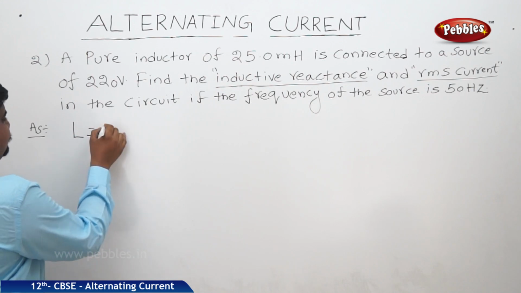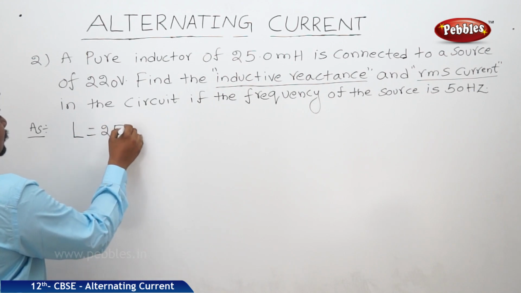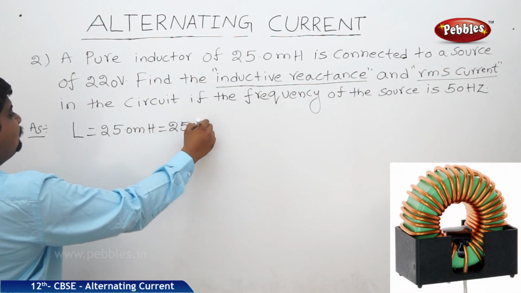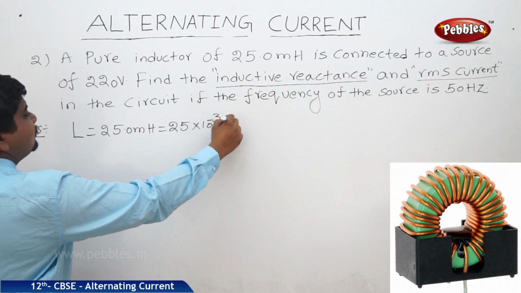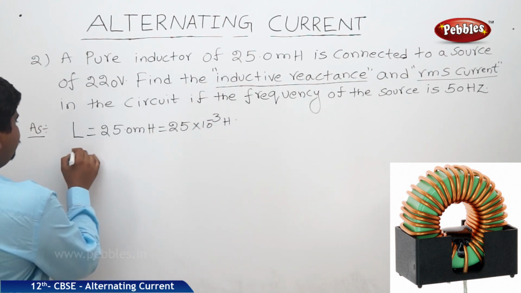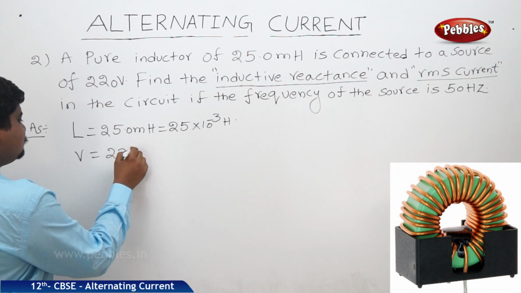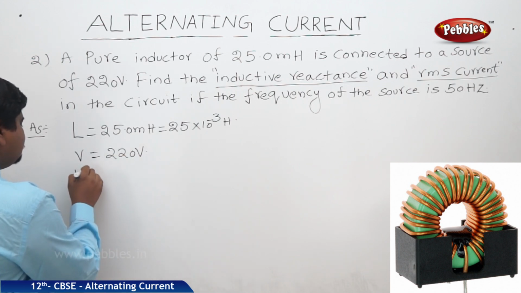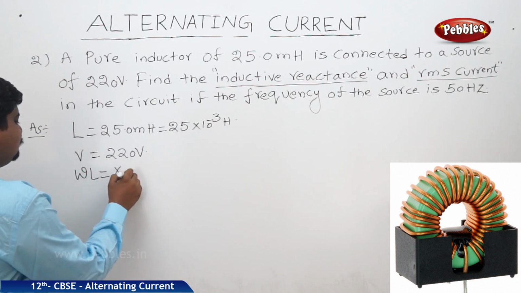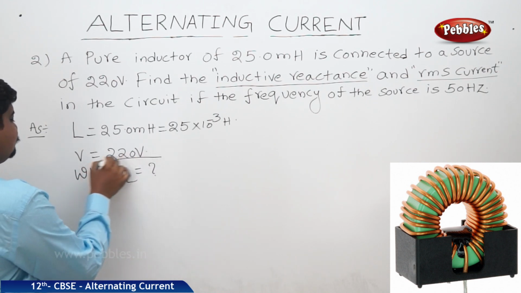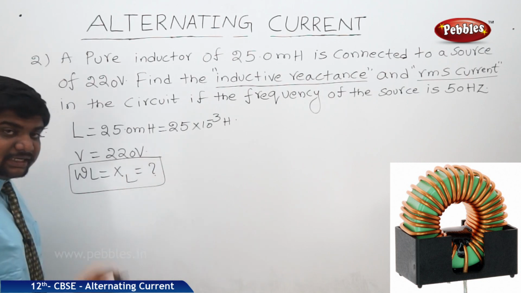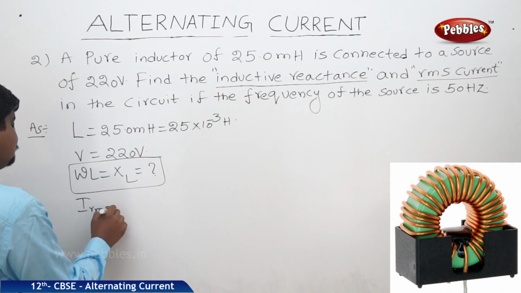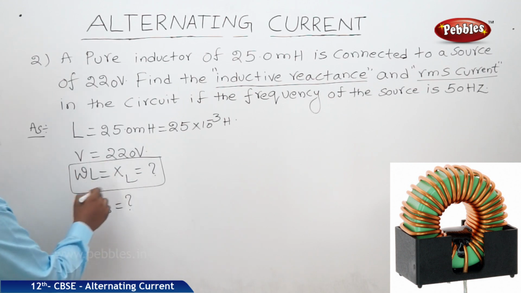Inductor of 25 millihenry, nothing but 25 into 10 to the power of minus 3. Source of voltage 220 volts. Find the inductive reactance XL equal to omega L, where XL is the inductive reactance, and the RMS current, IRMS. These two we should find out.